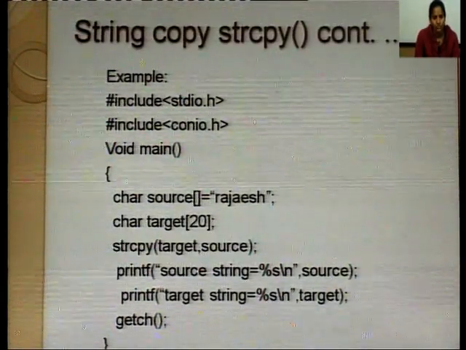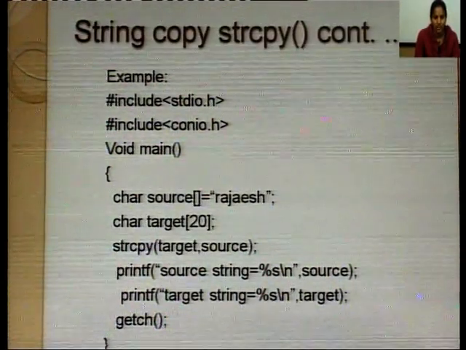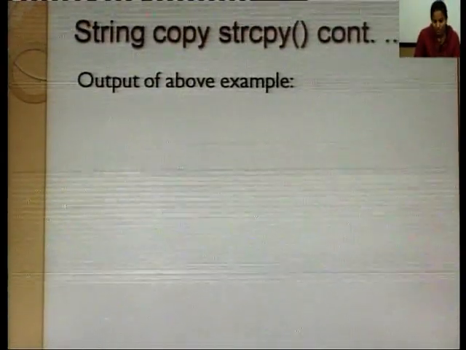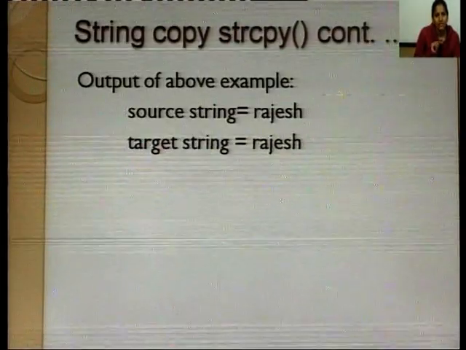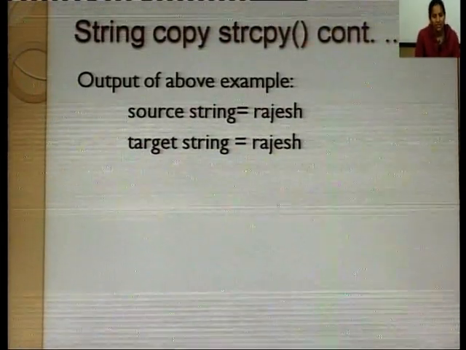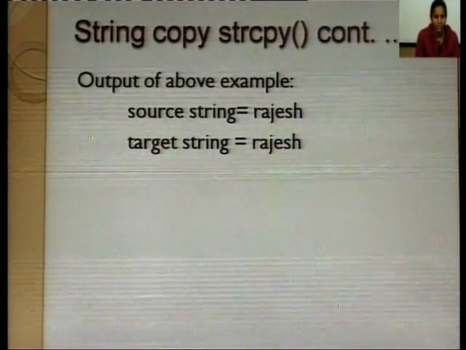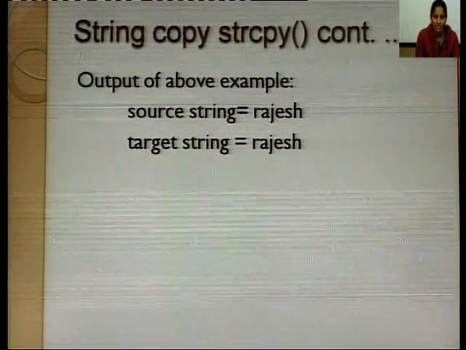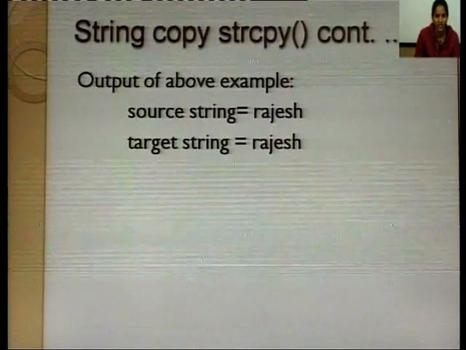In the next line we print the source string and the target string. Let us look at this example. Since the source string is Rajesh and we have used the string copy function, it copies the Rajesh value to the target string. So it displays Rajesh again.